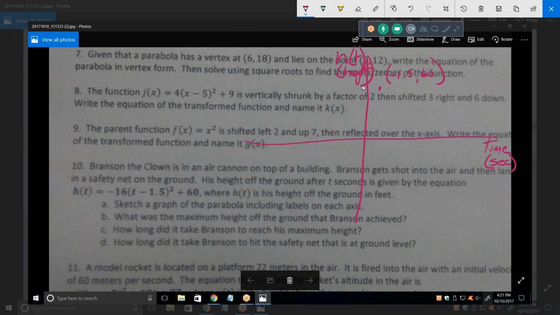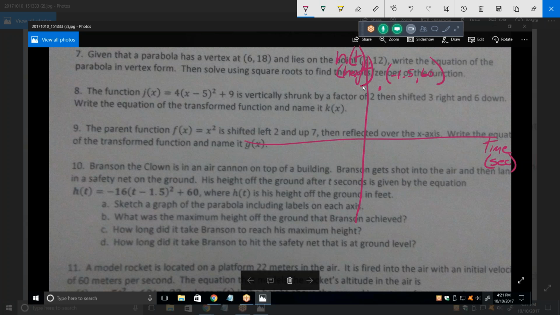This parabola and all projectile motion is modeled by parabolas. That's another beauty of parabolas. It's amazing how many things in the universe are controlled by quadratic equations. Okay? Does this open up or down? Down. Correct.